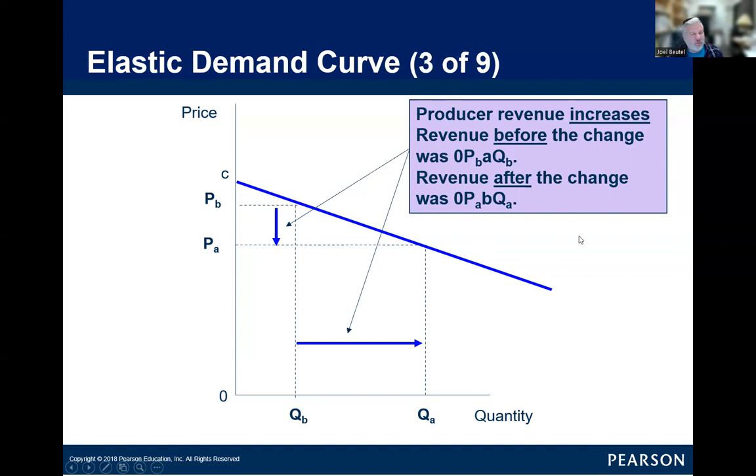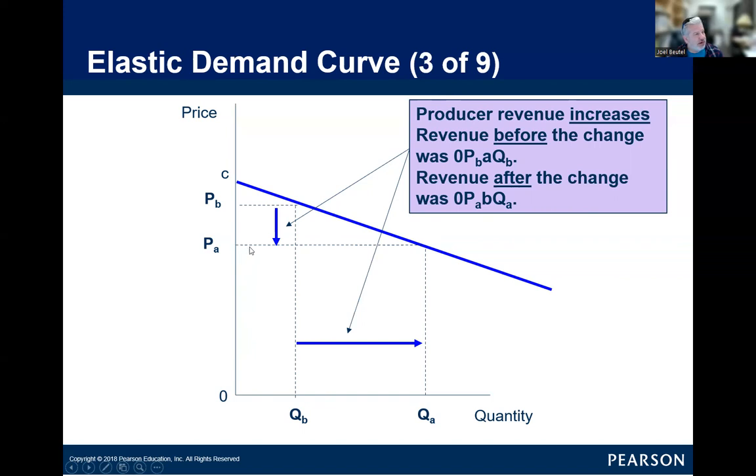Once again, revenue for the producer is just price times the quantity that they sell, right? So we can imagine that we've got this PB line to the demand curve, that curve C, and we go down to QB, right? So we've got PB and QB, and that price times the quantity is how much revenue we have. And so it's that rectangle, that really tall rectangle.